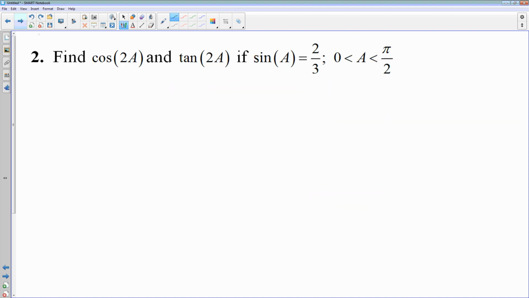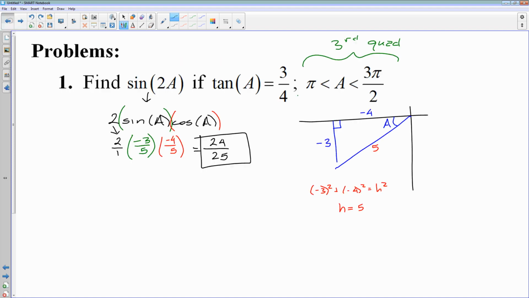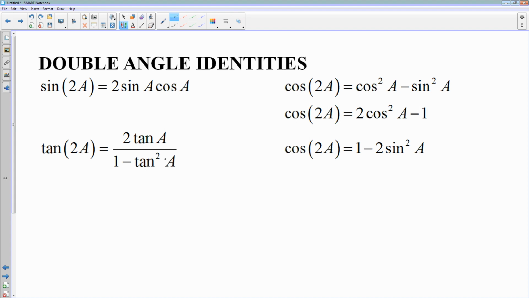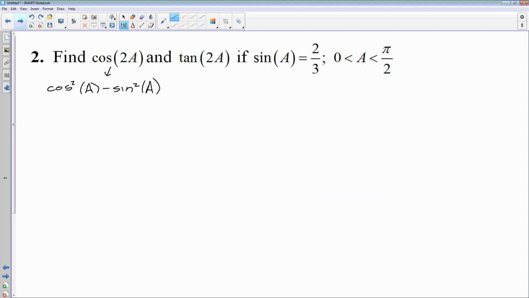So for cosine, I'm going to use that identity, cosine squared a minus sine squared of a. And then tangent, let's go back, that's 2 tangent a over 1 minus tangent squared. So I'll change tangent 2a into 2 tangent a over 1 minus tangent squared of a.